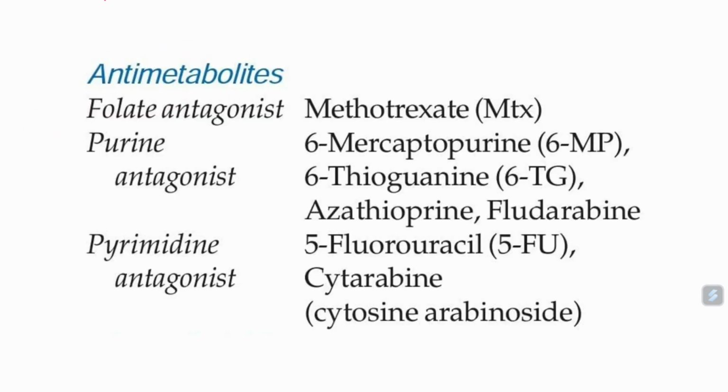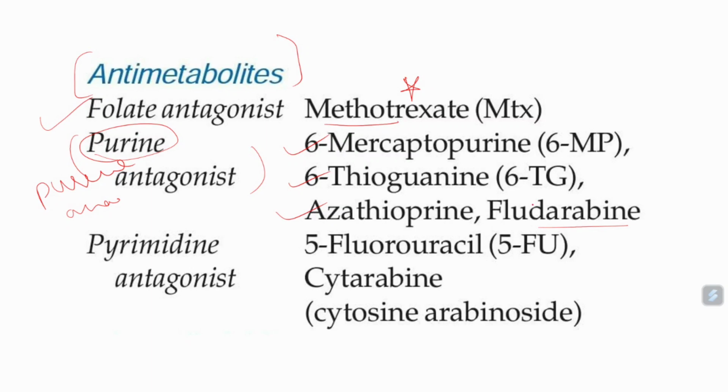In antimetabolites, we have folate antagonists, in which methotrexate is a very important drug. And we have purine antagonists, or purine analogs, which are very similar to purines. In that, we have 6-mercaptopurine, 6-thioguanine, azathioprine, and fludarabine. All these are purine antagonists.